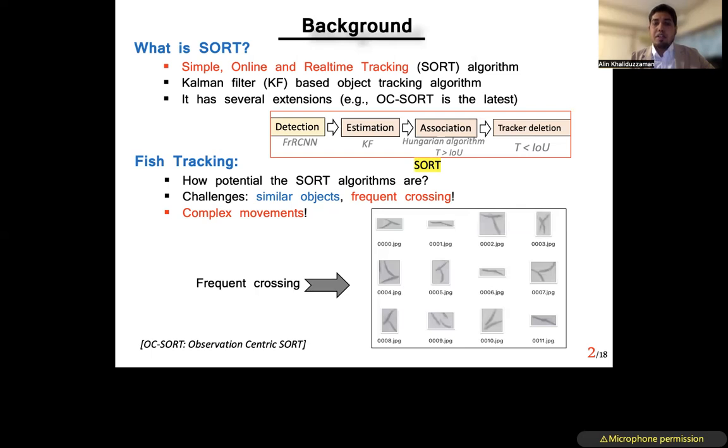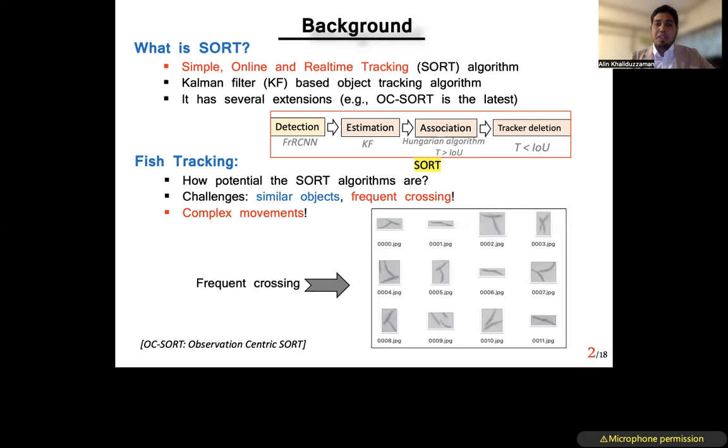And the fish frequently merge with each other, that means crossing, even for several frames or several seconds sometimes. And the trajectory and the movement pattern is sometimes very complex. For this reason it is sometimes difficult to predict.